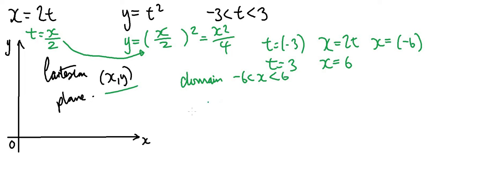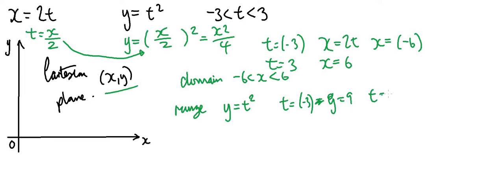Only one more thing to think about, and that's our range. Again, remember our range is y, that's the output of a function. So y is equal to t squared. If t is -3, y is going to be equal to +9. If t is equal to +3, y is also equal to +9.